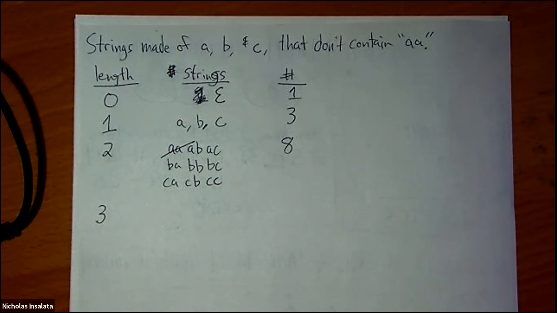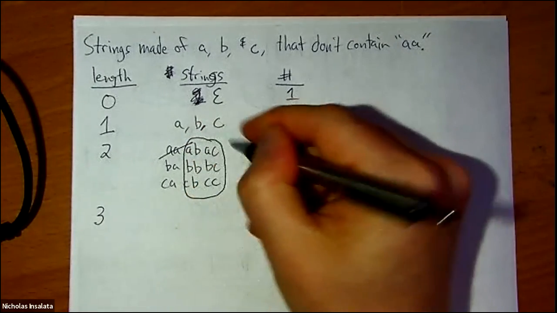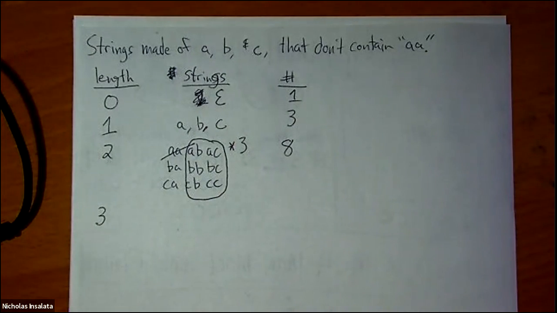Oh, I was thinking you could also take the 2 right-hand columns, AB, AC, BB, BC, CB, CC, multiply that by 3 because you can tack 3 characters on the end of each of those, right? So that's 18. And then for BA and CA, we can tack 2 things on the end of those. So then that's times 2.